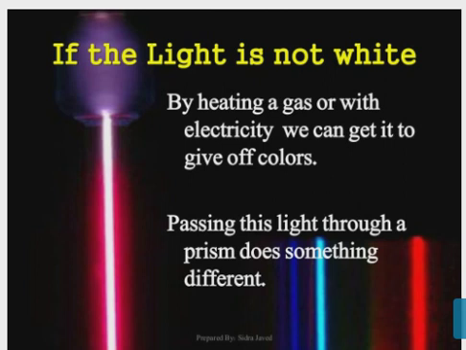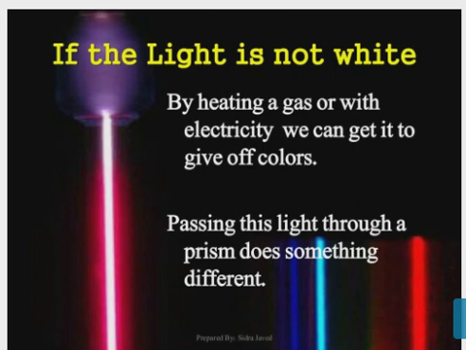If any energy hits a gas, by absorbing that energy, different types of light can be emitted. That is the basis of emission spectra.